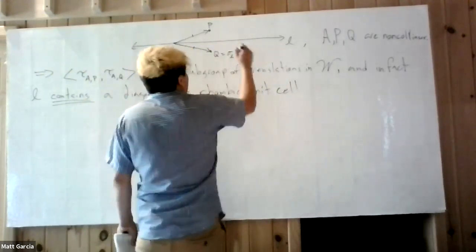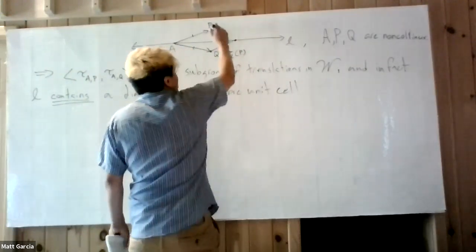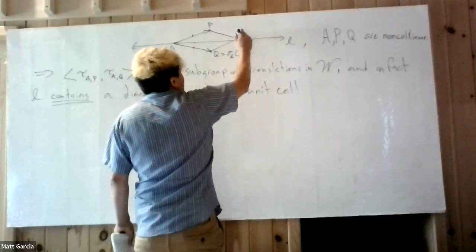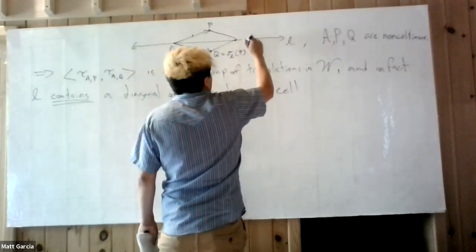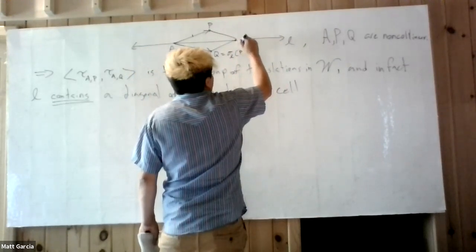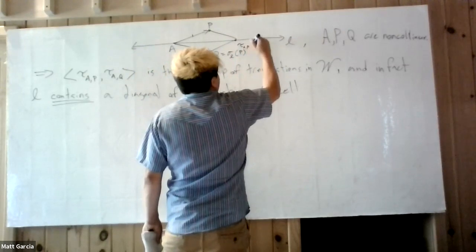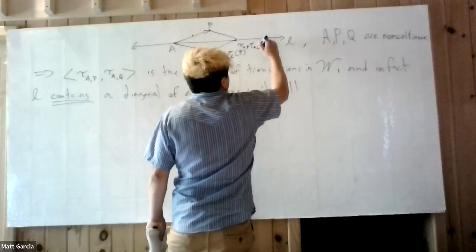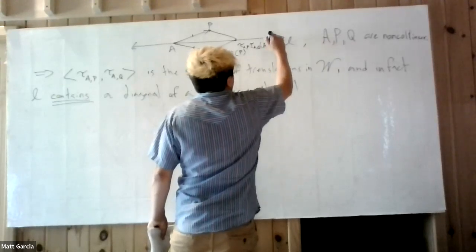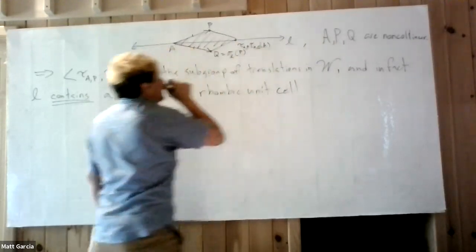Right? Here's some point. This would be what? tau of AP, tau of AQ of A. Here's my rhombic unit cell.